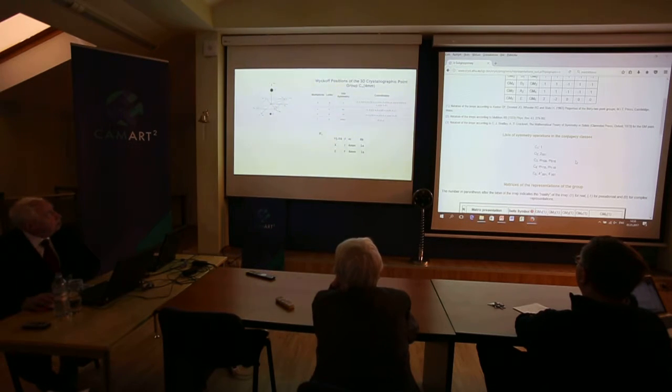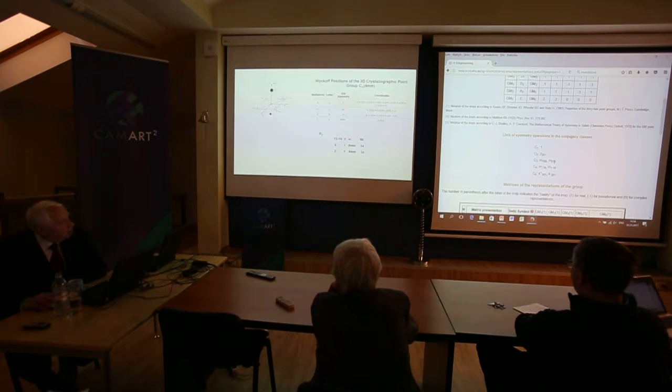Our group, C4V, consists of the identity element, rotation by 180 degrees around the main axis, 2 times by 90. Reflections in planes 1, 0, 0 and 0, 1, 0.